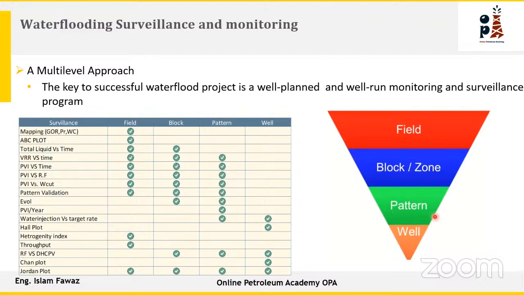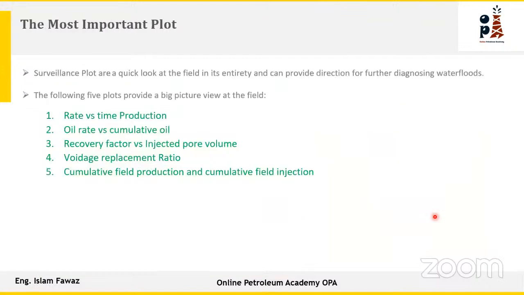Before we start a water flooding project, you have to look at the field perspective first, and then drill down to the well perspective, because every piece of the puzzle will help you understand, and the closer you get to answering the question for your field, the closer you are to understanding the optimum conformance in order to get the most of your reservoir.